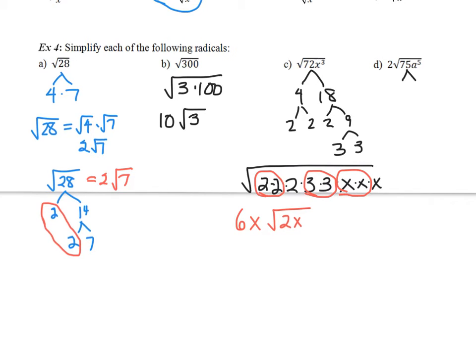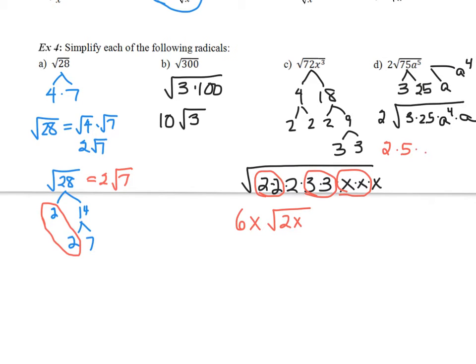For the last one, 2 radical 75a to the fifth. I know that 75 is 3 times 25, and I know that a to the fifth is a times a to the fourth. So I've got a 2 on the outside. I can take the square root of this product, 3 times 25 times a to the fourth times a. So 25 is a perfect square, so take the square root and get 5.